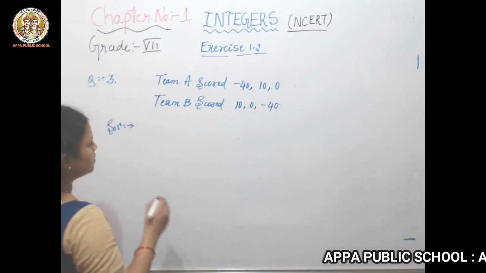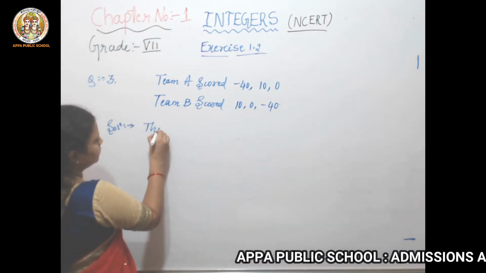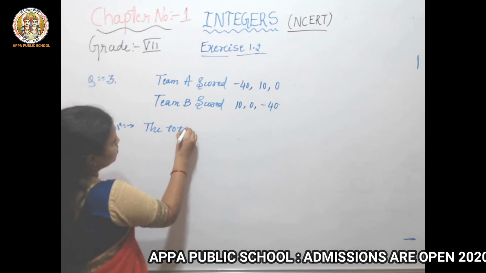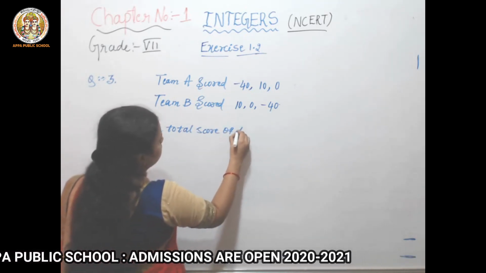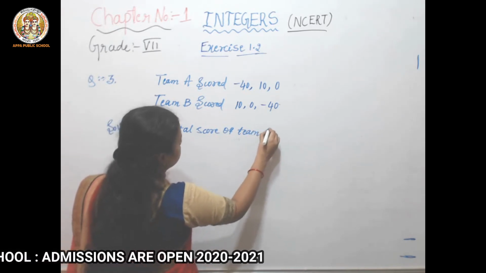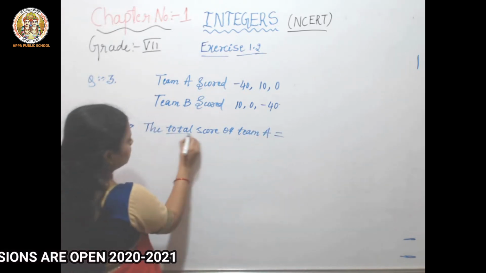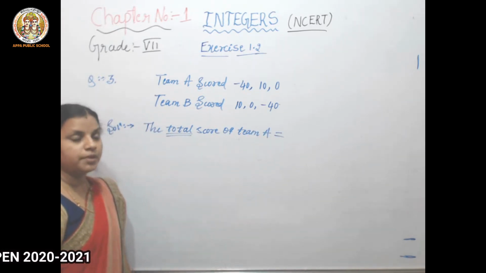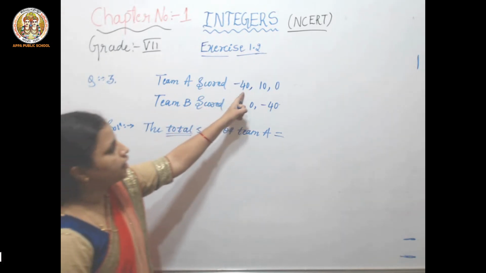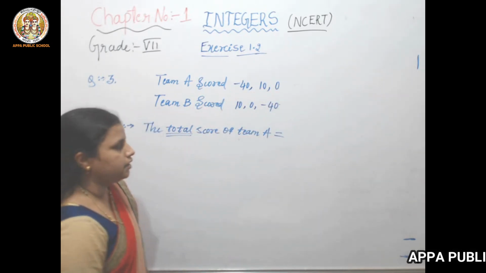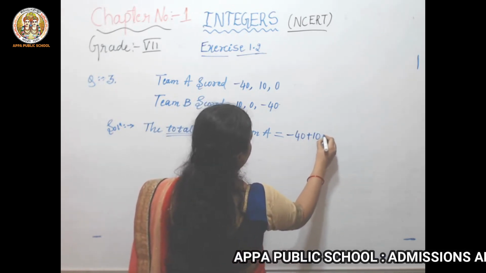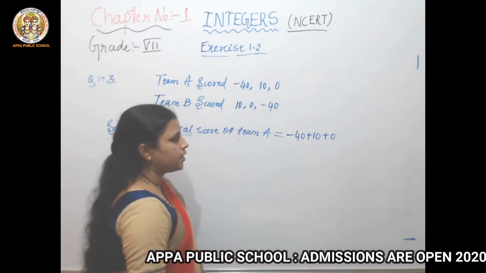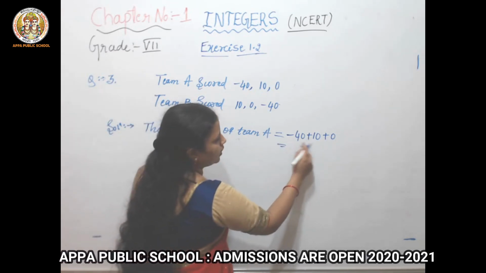Then the total score of Team A. Again here the word total. Total means you have to add these three integers. So it is minus 40 plus 10 plus 0. Now you see minus 40 plus 10.